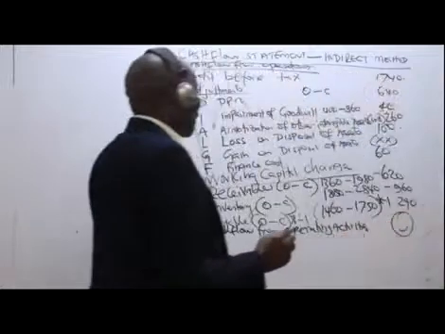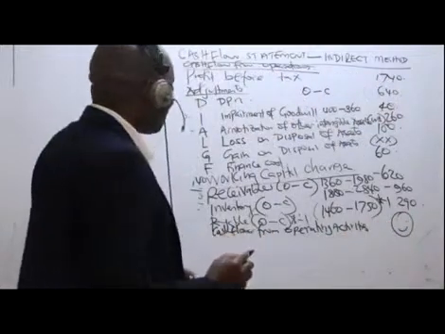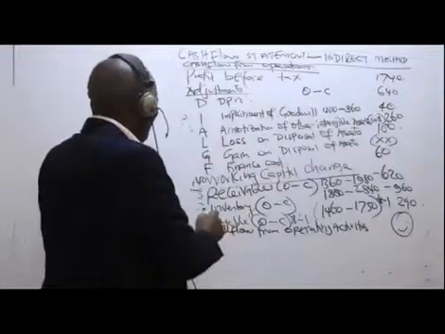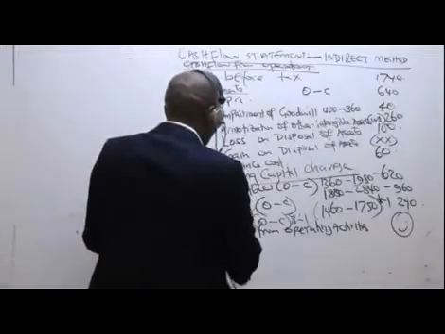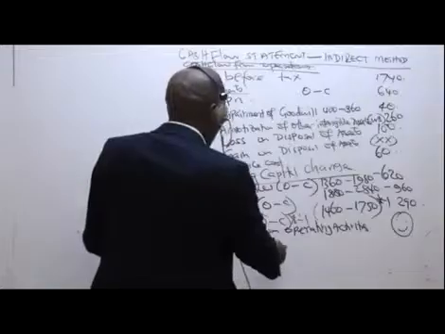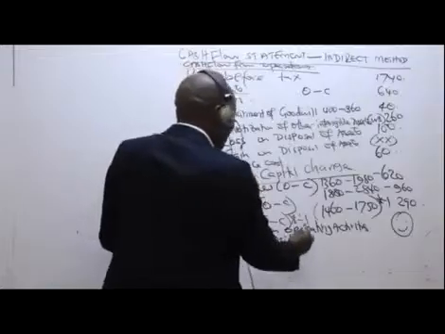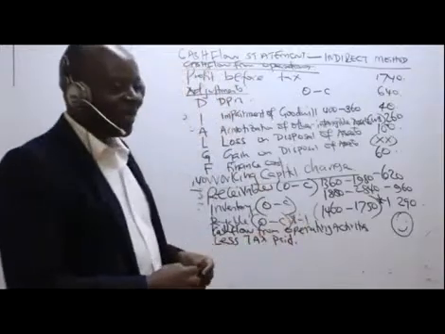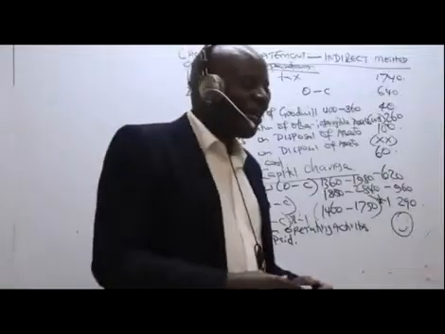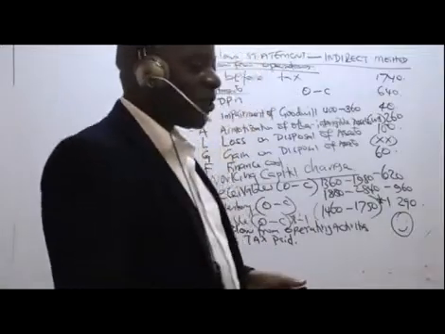So cash flow from operating activities, and then I'll come and less tax paid. Come here and less tax paid.